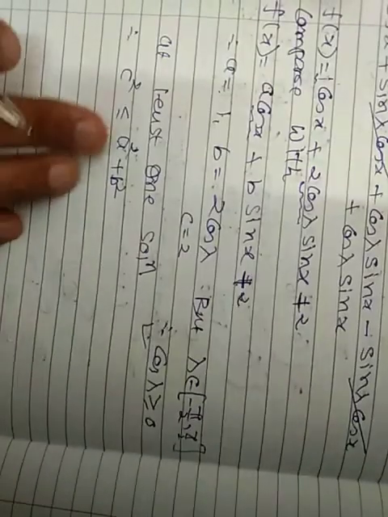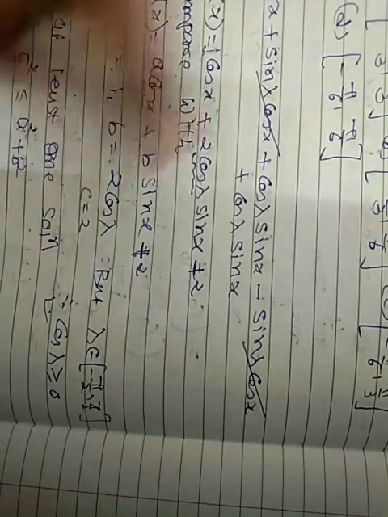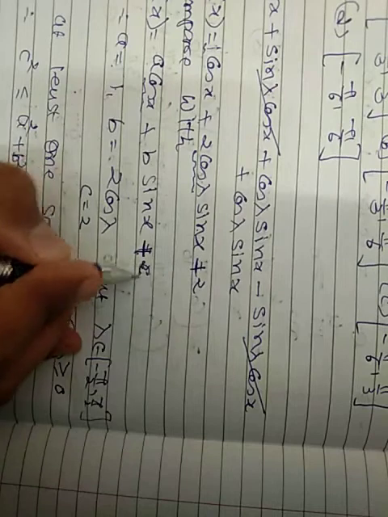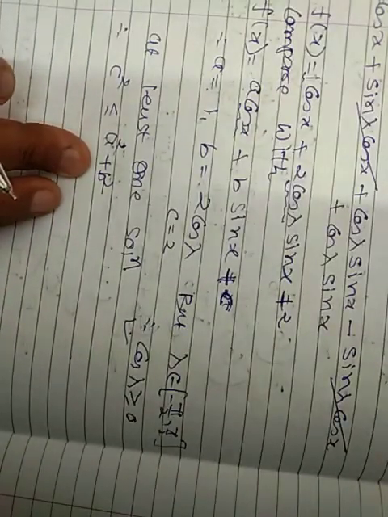Therefore a cos x plus b sin x plus c has a solution when c square is less than or equal to a square plus b square.